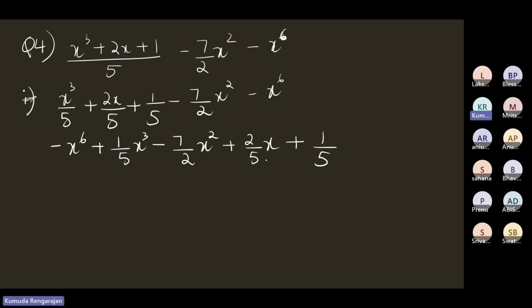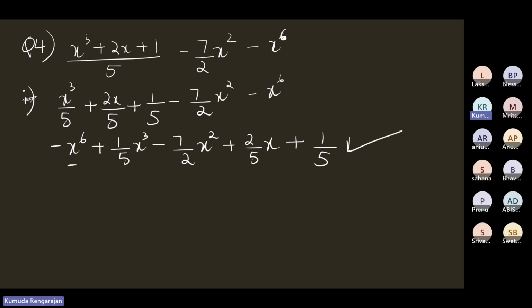We have arranged the terms in the descending order of the powers of x, big to small.